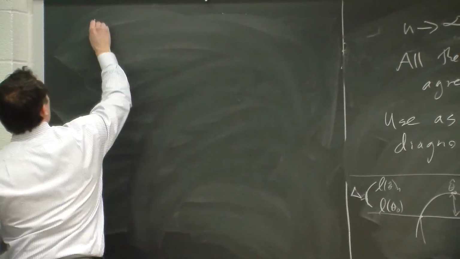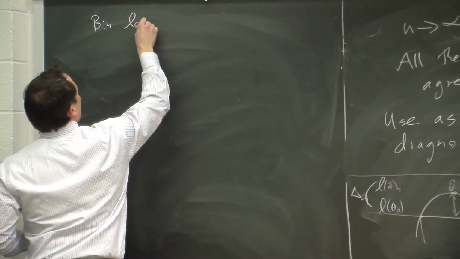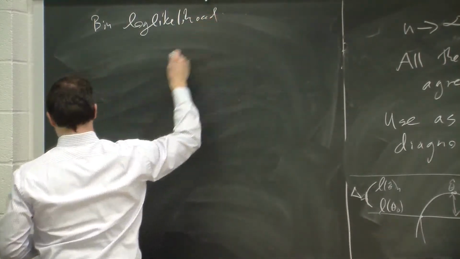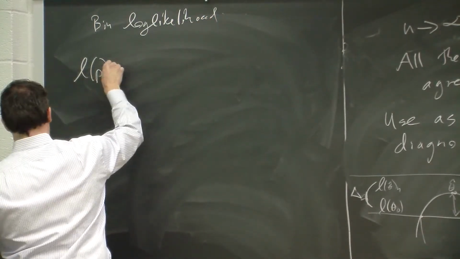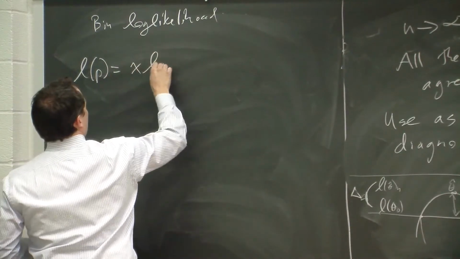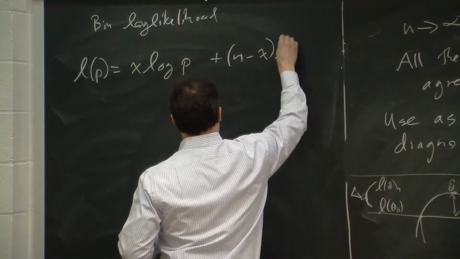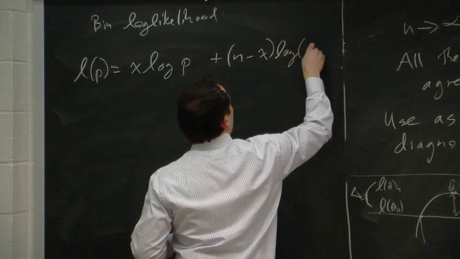Okay, so the binomial log likelihood looks like x log p plus (n minus x) log (1 minus p).